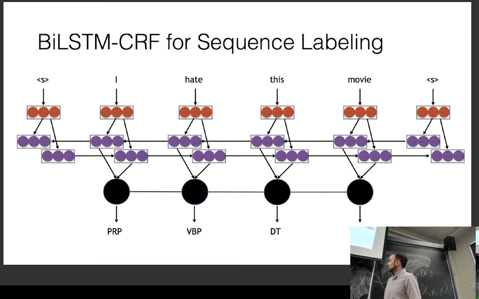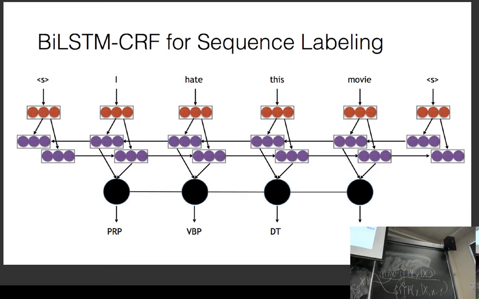So basically, to summarize, putting a CRF on top of your independent model requires that you add only 10,000 parameters to your model, which is not a whole lot compared to your LSTM or all the other things that you're using. And it allows you to very simply calculate the interaction between tags. So this is kind of a popular method, especially for sequence labeling, but also for other tasks as well.